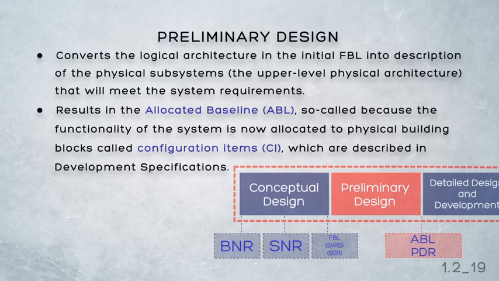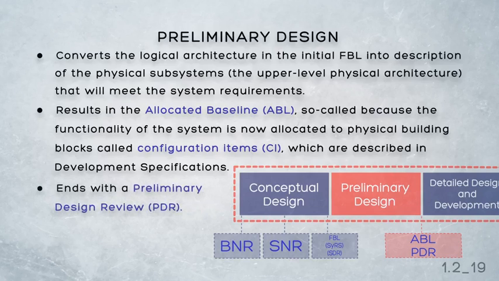At the centre of the allocated baseline are a series of development specifications, which contain the subsystem level requirements grouped by configuration item. The activity completes with the preliminary design review, the PDR. The PDR, again amongst many other things, formalises the allocated baseline.